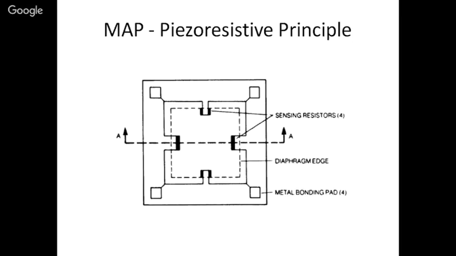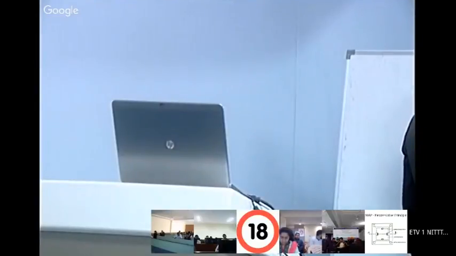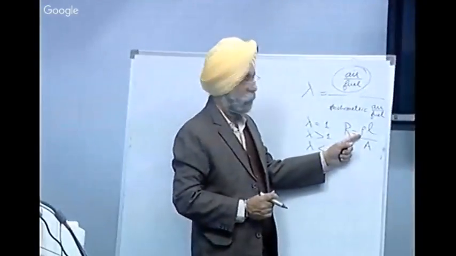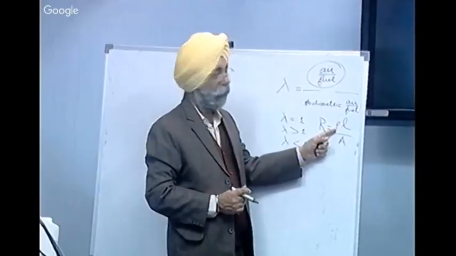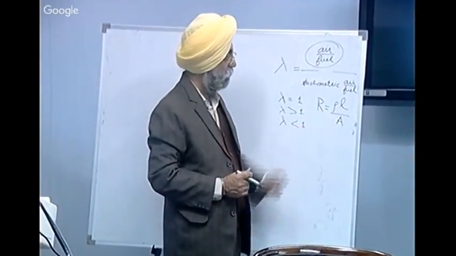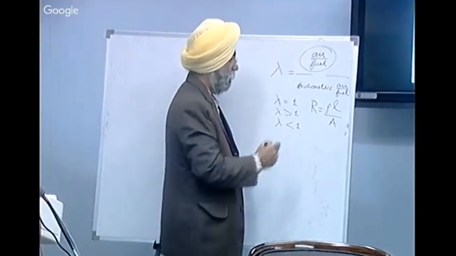When we talk of a strain gauge, we know that resistance is rho L upon A, where rho is the resistivity of the material, L is the length, and A is the cross-sectional area.